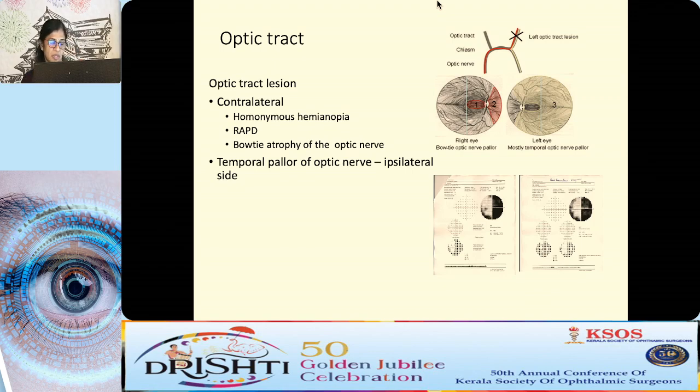An optic tract lesion causes contralateral homonymous hemianopia and RAPD on the contralateral side, with bow tie atrophy of the contralateral optic nerve head and temporal pallor on the ipsilateral side. So hemianopia with RAPD means an optic tract lesion.